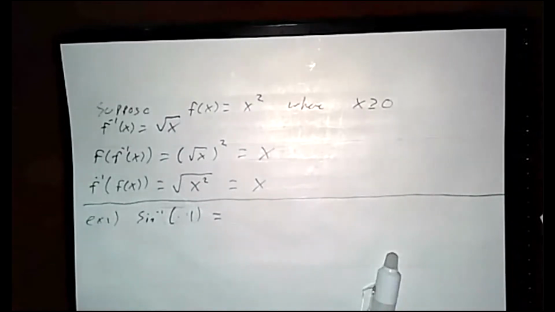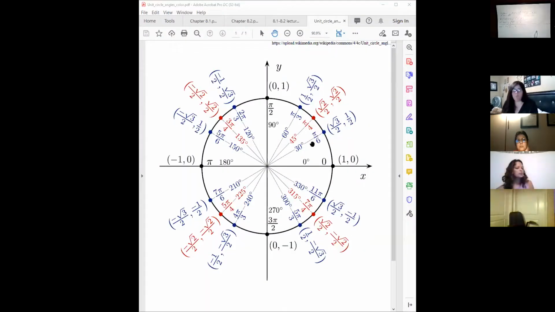Let me open the circle. We're going to need it. All right, so here's the idea. This is sine inverse of 1.